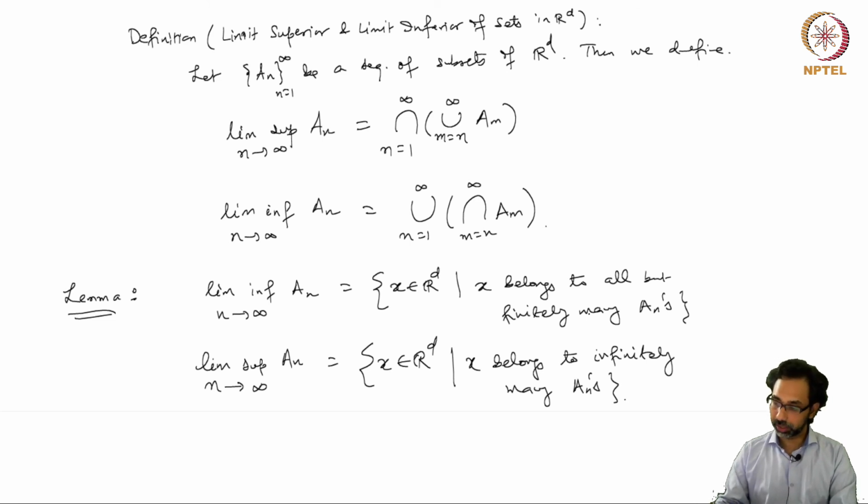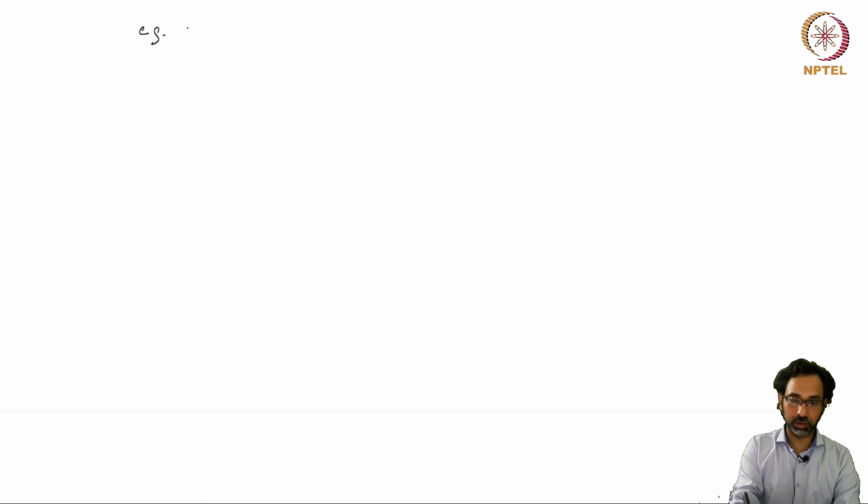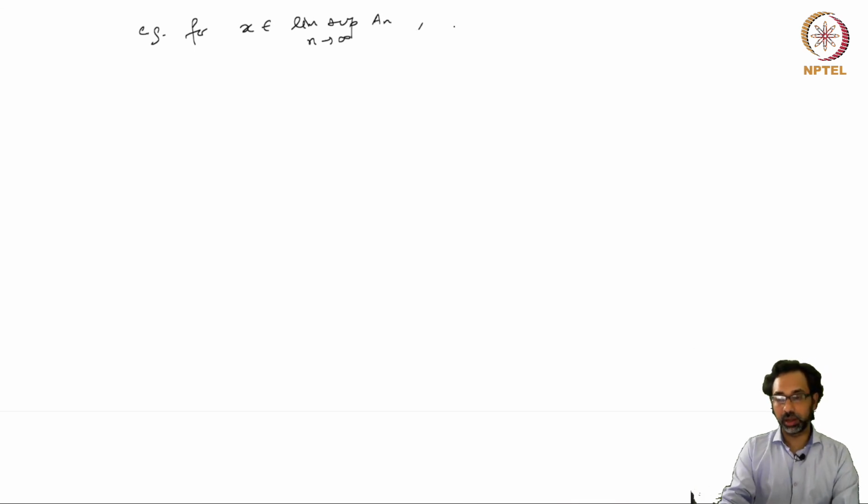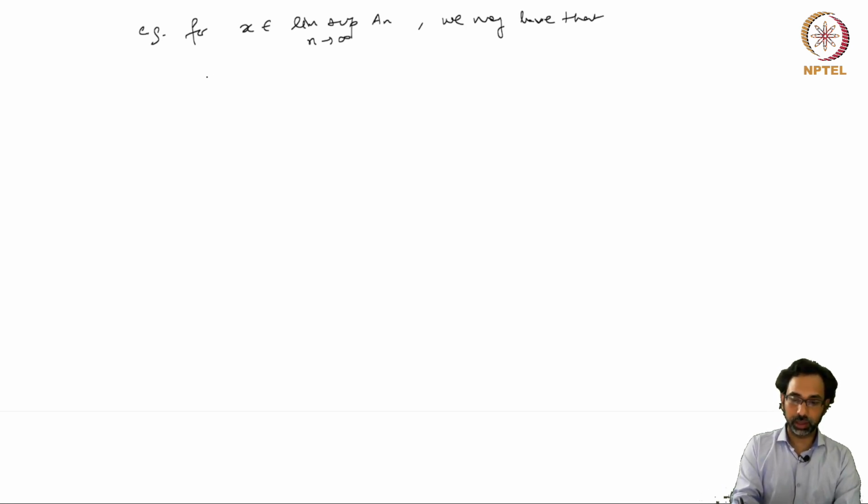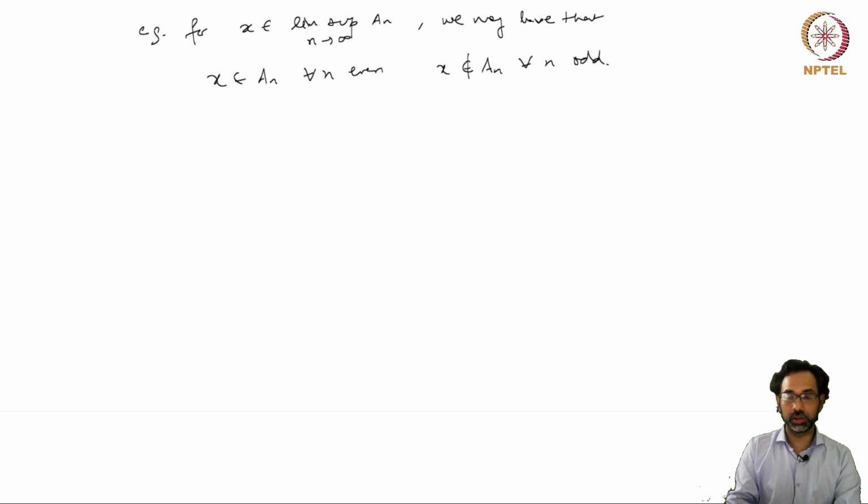For example, for x in lim sup of A_n, we may have that x belongs to A_n for all n even, and x does not belong to A_n for all n odd. So in this case, there are infinitely many sets A_n such that x does not belong to those sets. So this x does not belong to the lim inf, but it belongs to the lim sup.